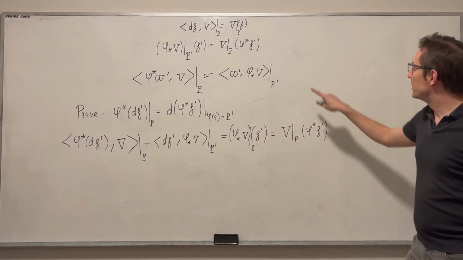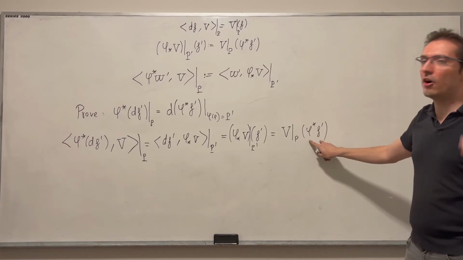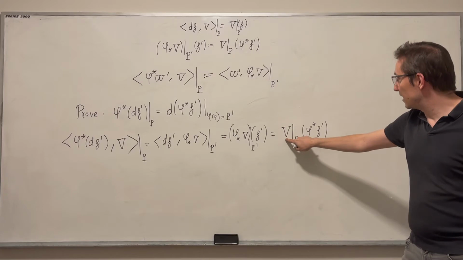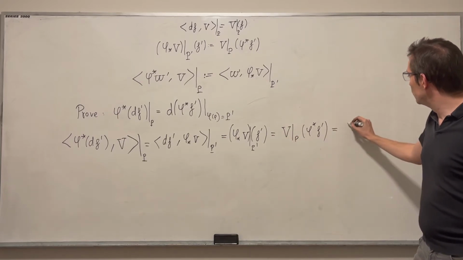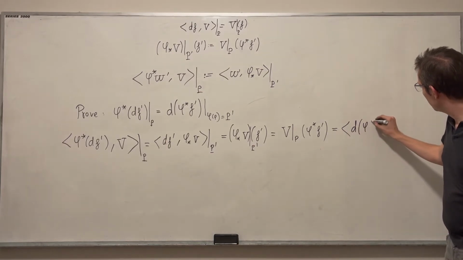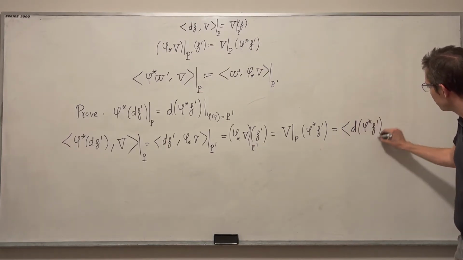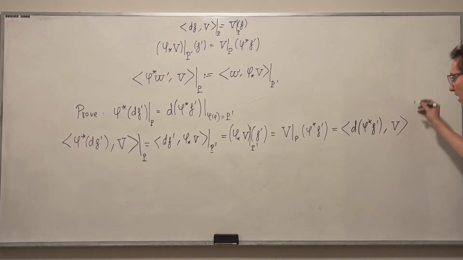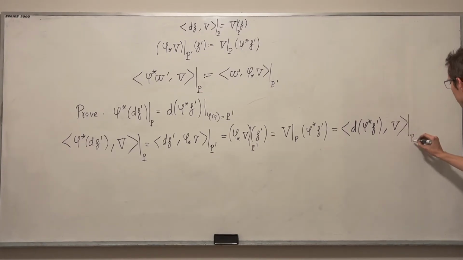So I know that this is the directional derivative of the pullback version of f prime, taken by the vector. That I know is equal to the differential of the function inside, so the differential of the pullback of f prime acting on the vector V at the point P.